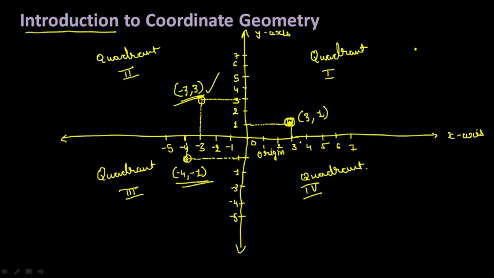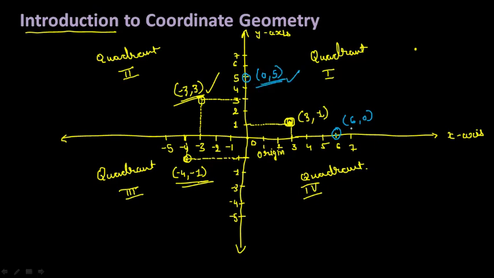Now let me tell you, sometimes they will give you a coordinate on the axes also. Let me change the color. Suppose this is your point. Now what will be the coordinate of this point? If it is 6 on the x-axis, x is 6, and it is not lying anywhere on y, so y will be 0. So 6 comma 0. If it is lying here, on the y-axis, then x will be 0 and y will be 5.